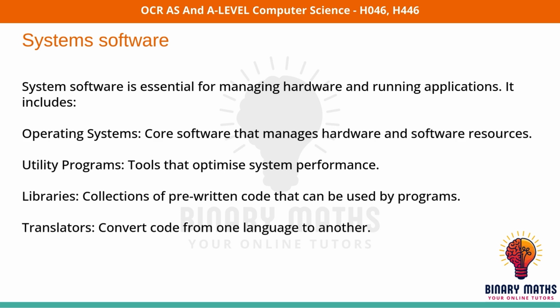Libraries are another crucial component of system software. They are collections of pre-written code that can be used by programs to perform common tasks. This saves developers time and effort as they do not have to write code from scratch for every function that they wish to program.